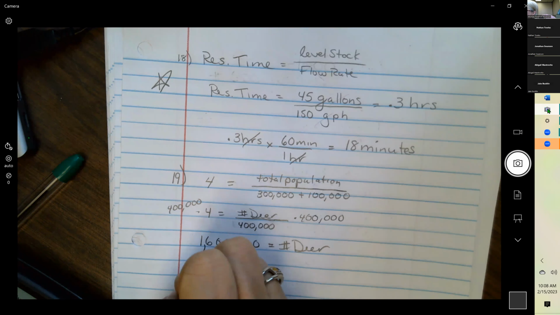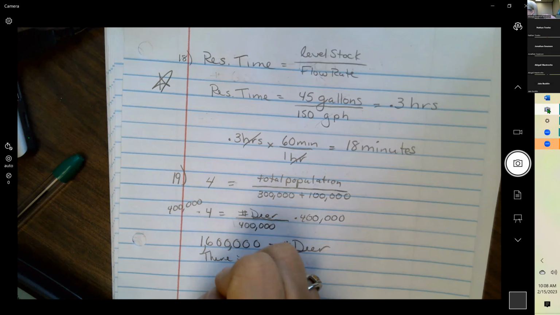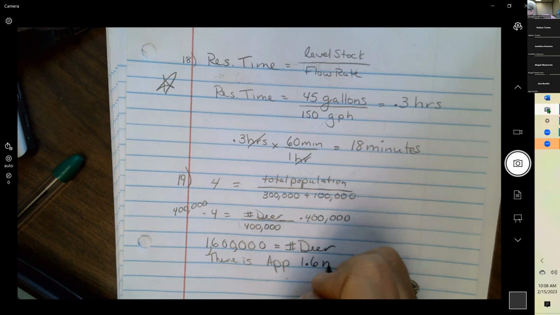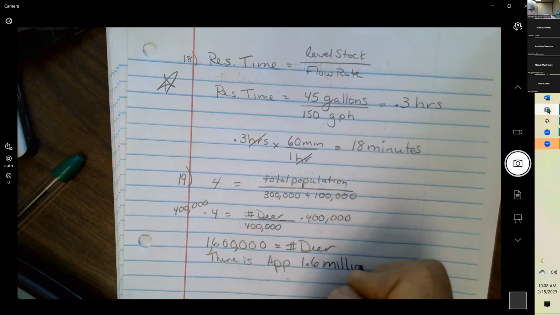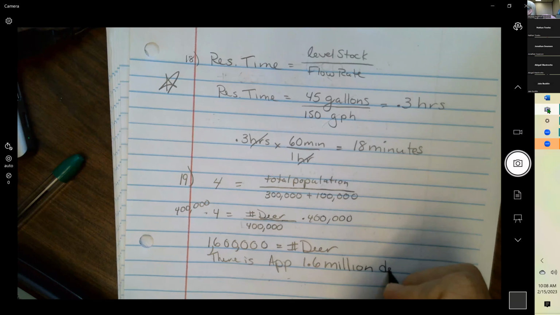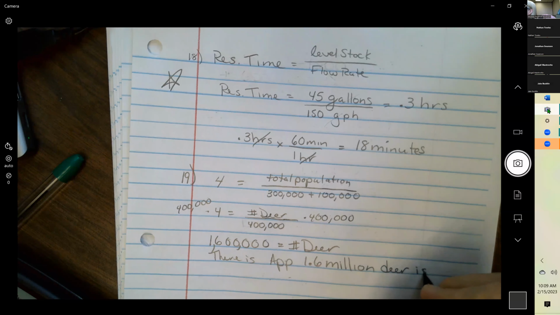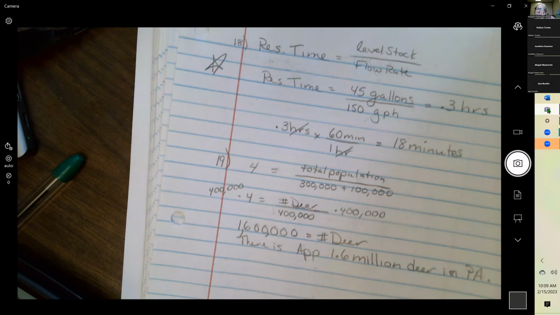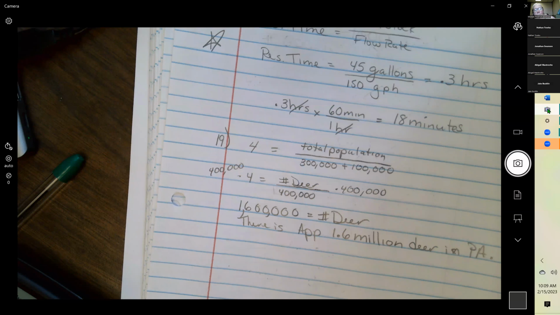Or there is approximately 1.6 million. Or you can leave it written like this. Any questions on that?